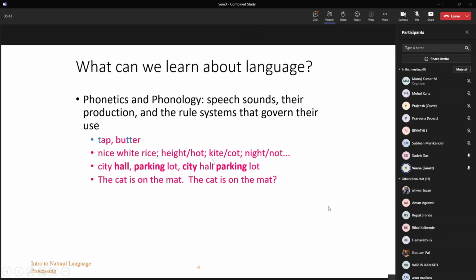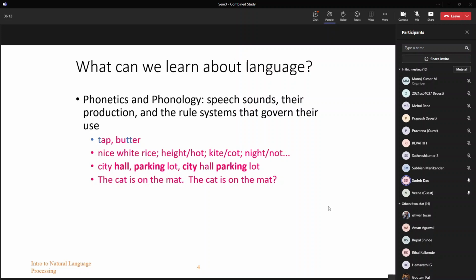The other way, when we say city hall parking lot, you will understand because the priority of the words is changing. But sometimes it looks like city hall together can also take priority. In the first one, hall is a priority, then parking is a priority. Next, city is giving priority, then parking is giving priority.